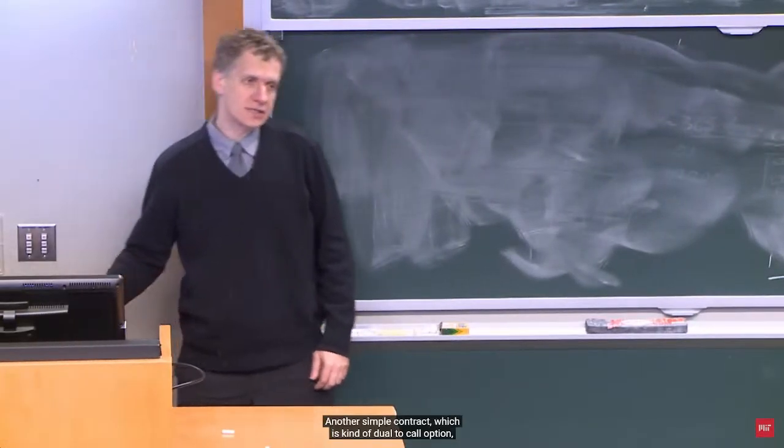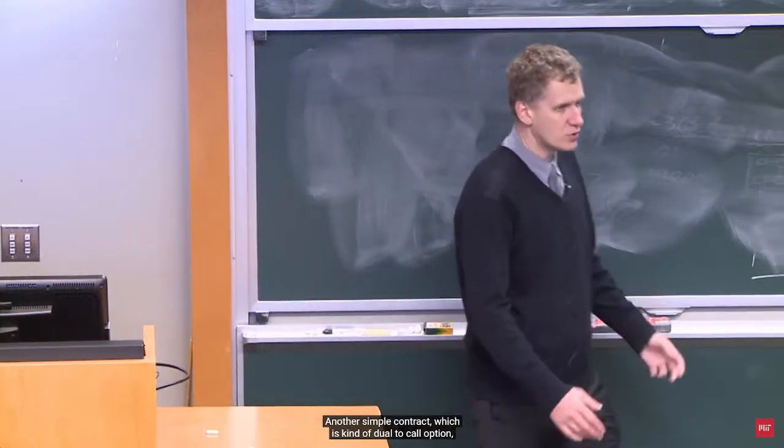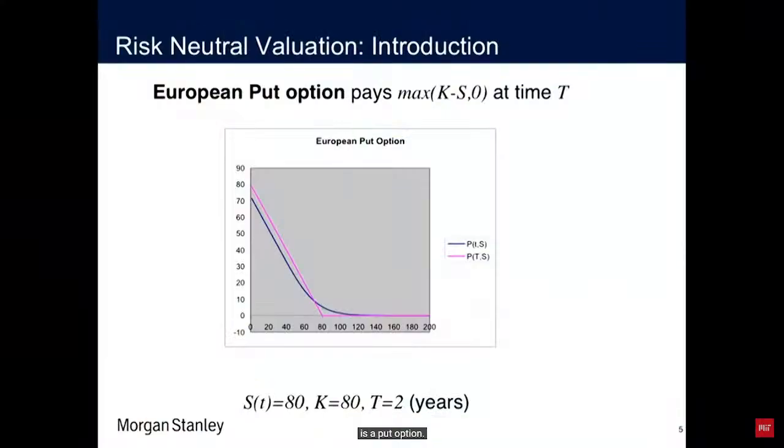Another simple contract, which is kind of dual to the call option, is a put option. So a put option, on the contrary, is a bet on the asset going down rather than up, right? So the payout is the maximum of K minus S and 0. So it's kind of reversed.